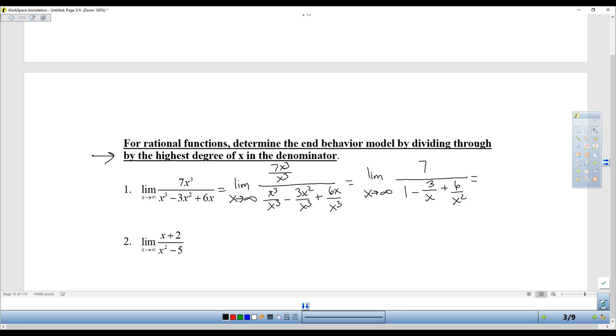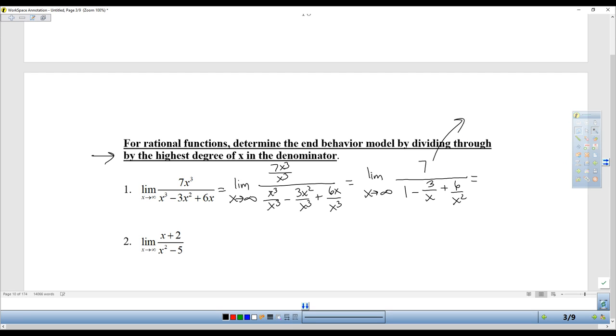So we're going to bring back an old lesson for a minute. You may remember the properties of limits said you could do pieces of things. So you don't have to be able to do this limit as a whole. You could do the limit of 7 and the limit of 1 and the limit of 3 over x and 6 over x squared and see what you get. Just do them all in pieces.